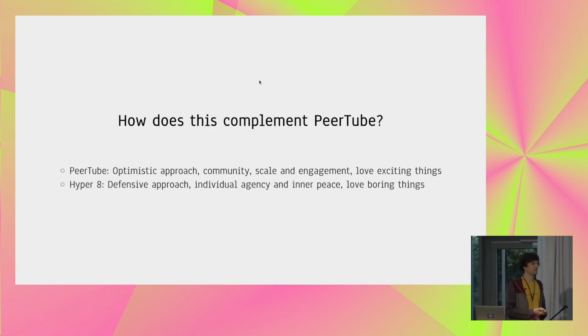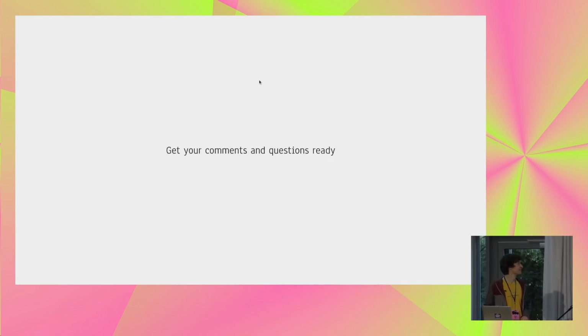Hyper 8, on the other hand, has more of a defensive approach, as you saw, technologically speaking. It focuses strongly on individual agency and on inner peace. That's, for me, very important. Just tech that works and doesn't give me any headaches. And yeah, I think it's for people who love boring things. I think boring things are really exciting, so that's why I work on this.